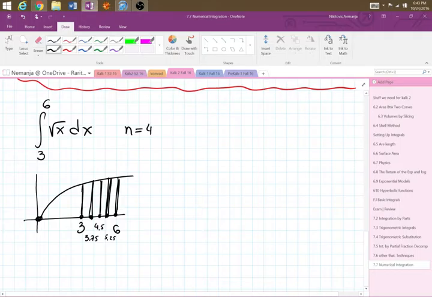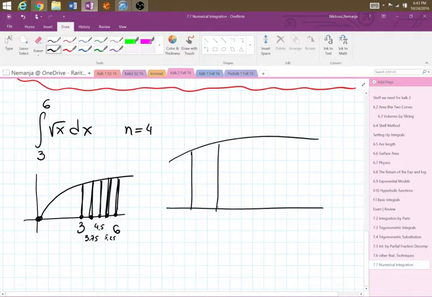So I'm going to actually draw this larger now so that we can pick our values better. So the first number is 3, the next one is 3.75, and then the next one is 4.5, and then the next one is 5.25, and then finally 6 at the end.